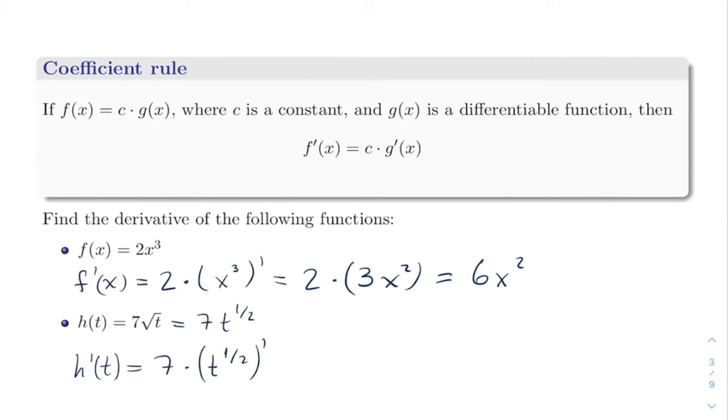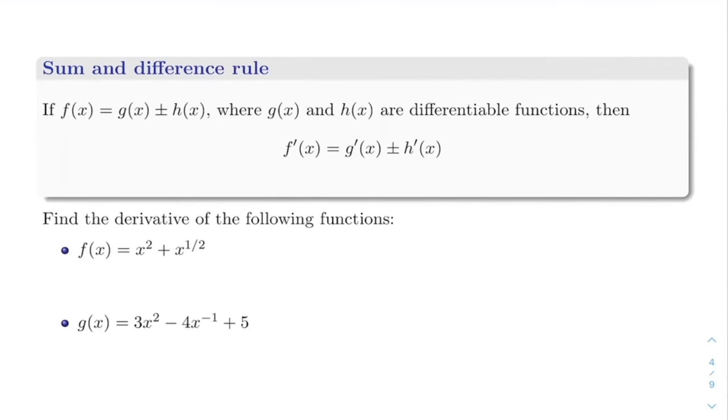But from the previous formula, we know how to compute this. So this will be equal to 7 times 1/2 t to 1/2 minus 1, which is equal to 7/2 t to the minus 1/2.